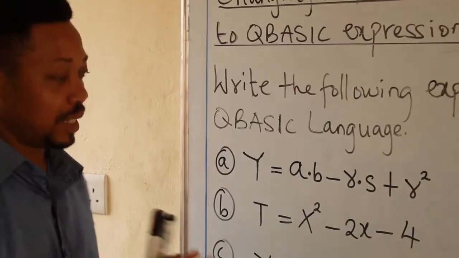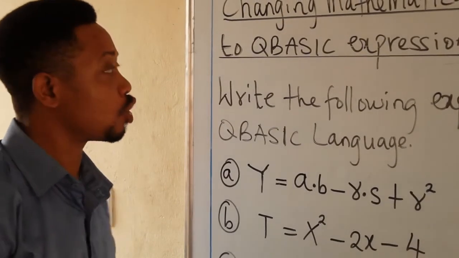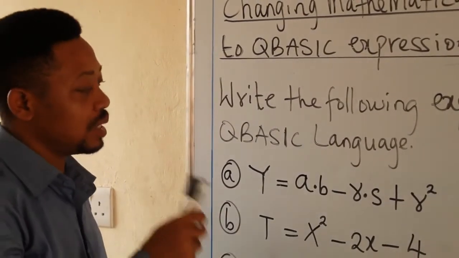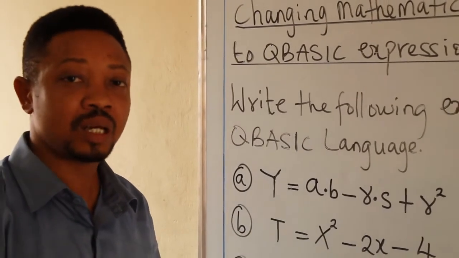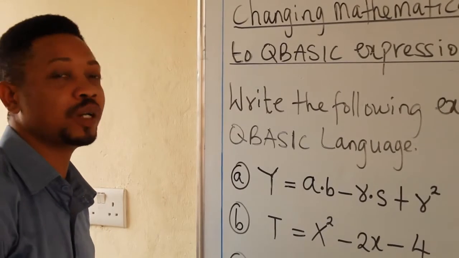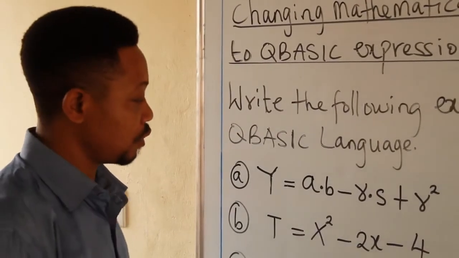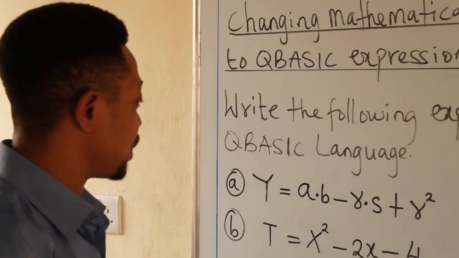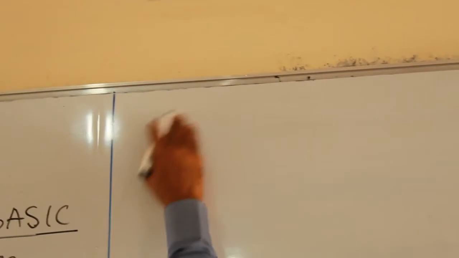So what we're doing in these examples is to convert these mathematical expressions into BASIC expressions. And so the question is, write the following expressions in QBasic language. So let's do that. The first one here is A. So solution.